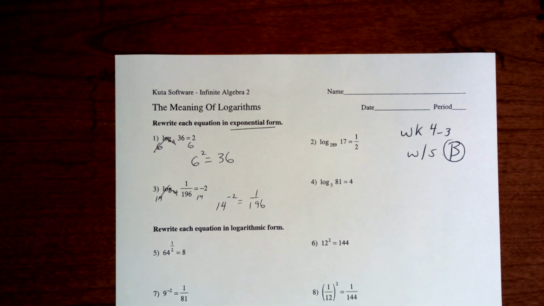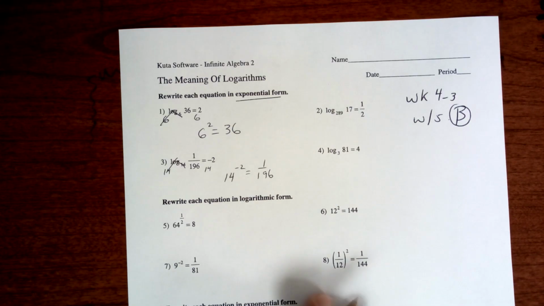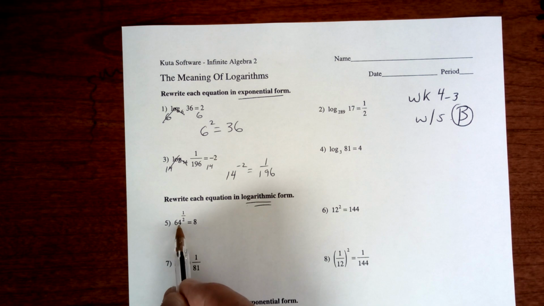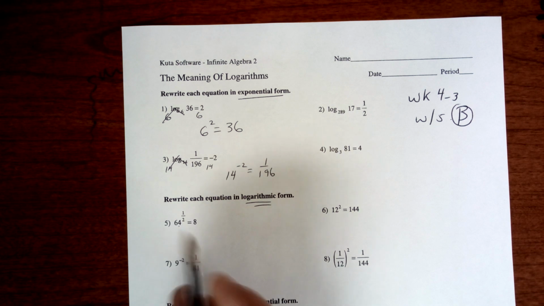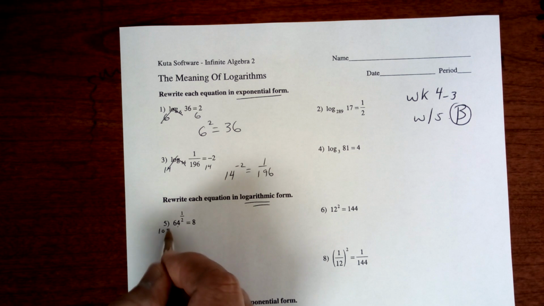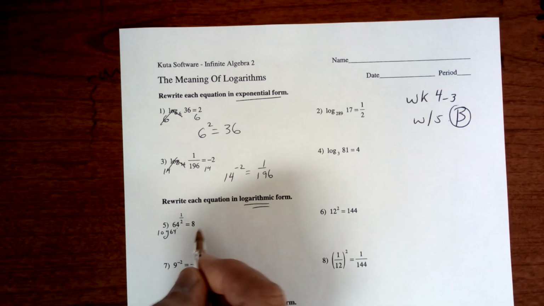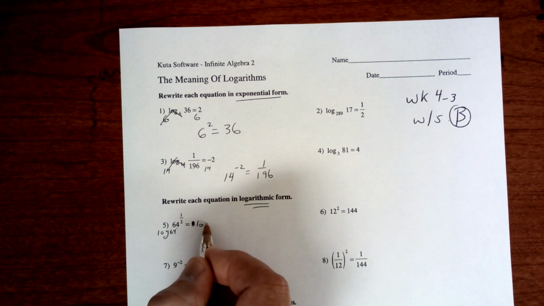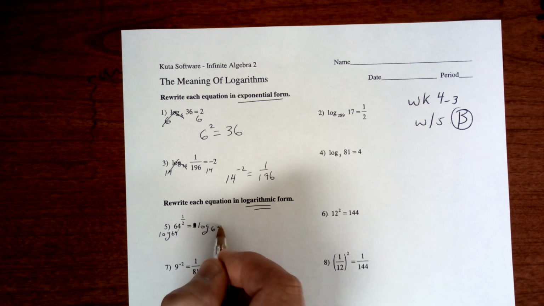This one says write it in logarithmic form. So the base is 64. What you want to do is say log base 64 of, and then log base 64 right here. I can't squeeze it in, so I'm going to do it like this.